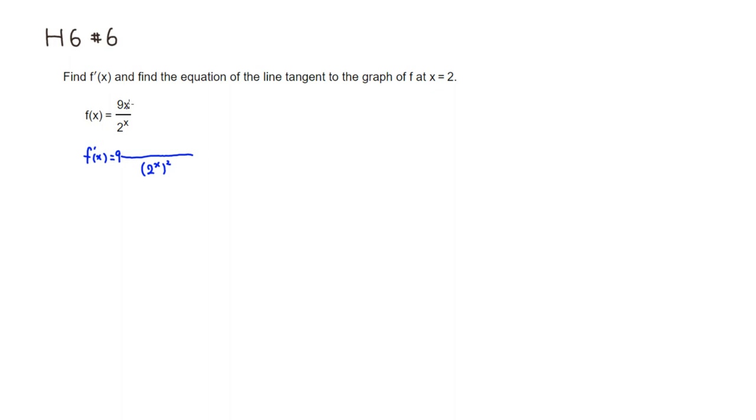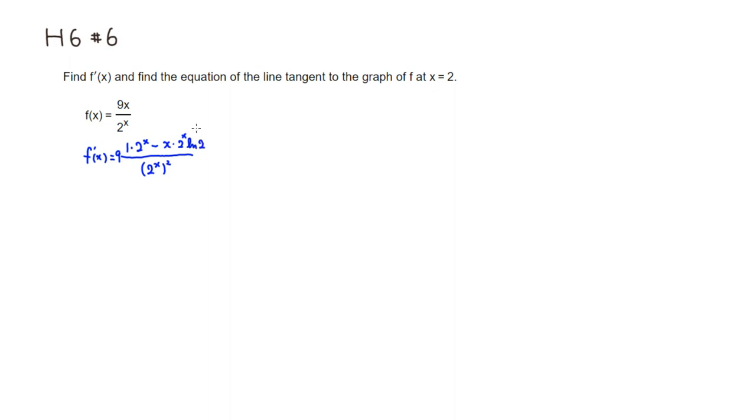So you take the derivative of x, that's 1, times the bottom guy, 2 to the x, minus x times the derivative of 2 to the x, which is 2 to the x times natural log of 2. Right? So we have that.